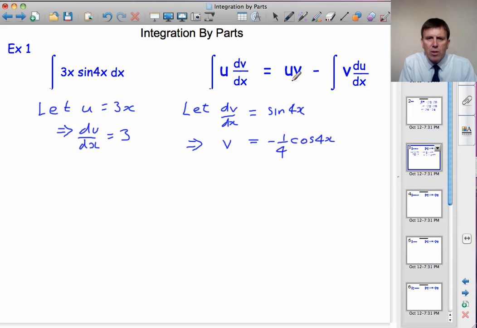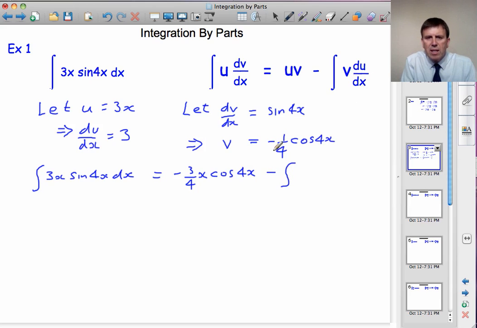Now you'll notice that I know all 4 terms in this expression on the right. I know u and v, du by dx. So I can say the integral of 3x sine 4x dx, which is what I'm trying to find, is equal to uv, which is that term multiplied by that term, so that's minus 3/4 x cos 4x, minus the integral of v du by dx, that's minus 1/4 cos 4x multiplied by 3.